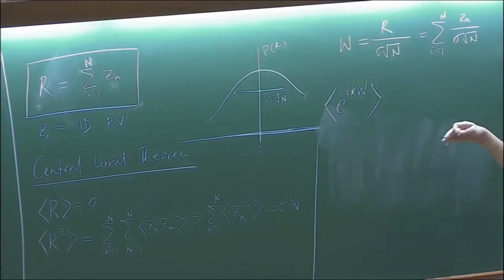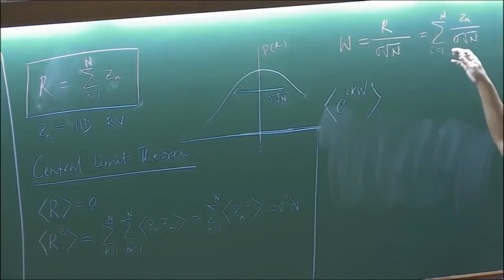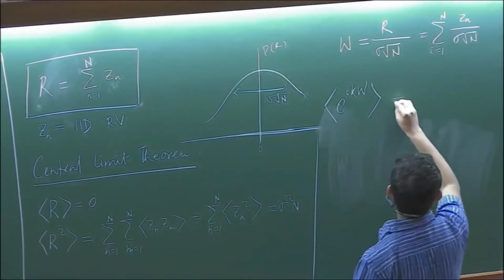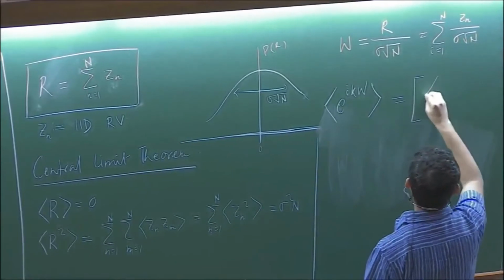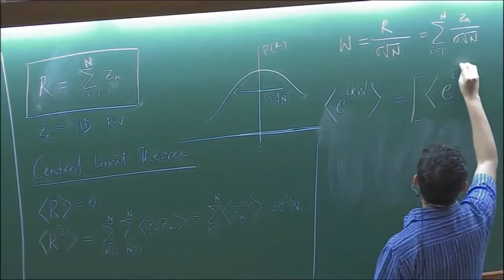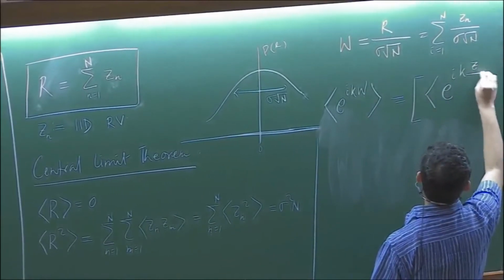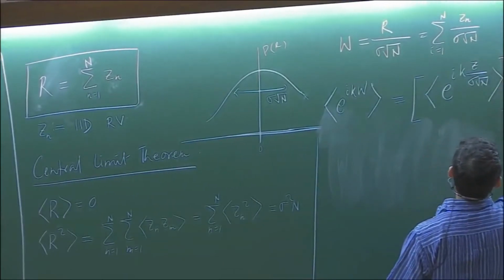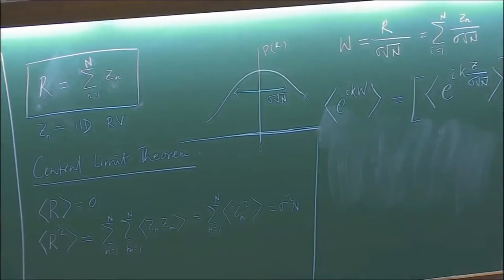Again I am going to say that these are independent and identically distributed. So this is this sum, but I am just going to go to the last step. This is equal to e to the power of i k Z by sigma square root of N. Is this clear?